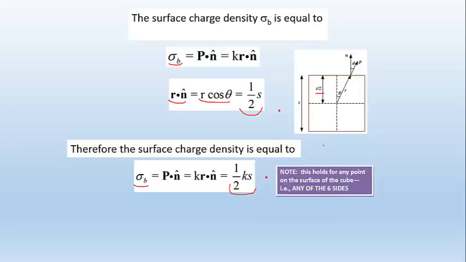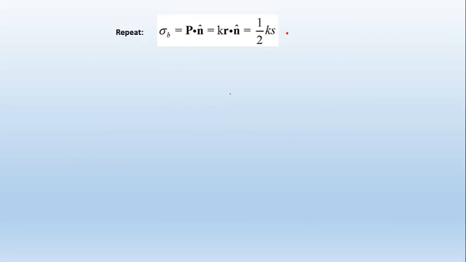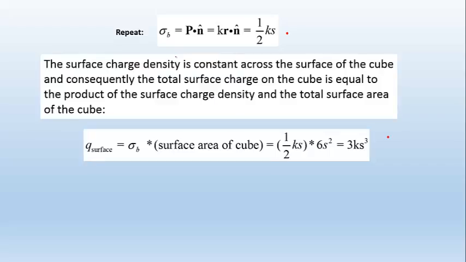So this holds for any point on the surface. So any of the 6 sides of the cube will give us this charge density. So in order to find the charge, we'll take this charge density and simply multiply by the surface area of the cube, and that'll give us the total surface charge on the cube.